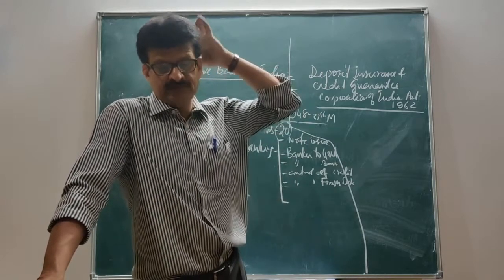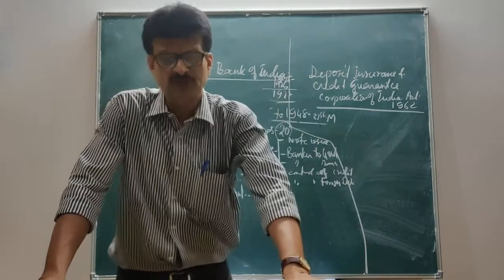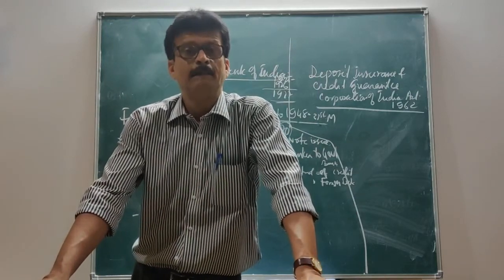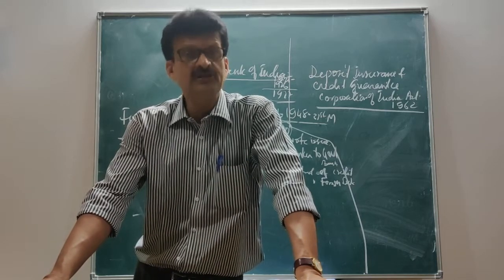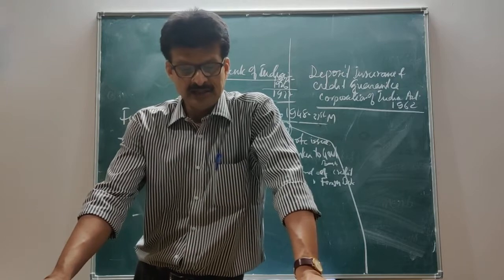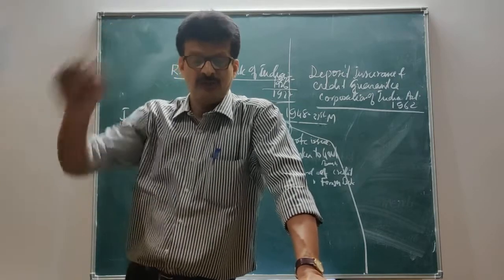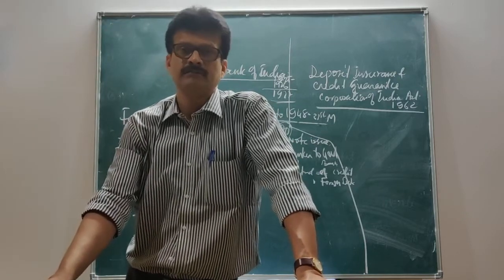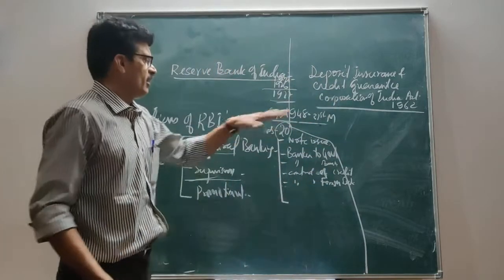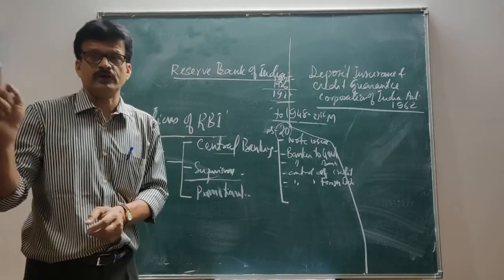So the powers relating to the supervisory function of the Reserve Bank of India are in respect of licensing, branch expansion, amalgamation, liquidity, management, reconstruction and liquidation of commercial banks and cooperative banks. You understand? This is how all the banking operations in the country are supervised.